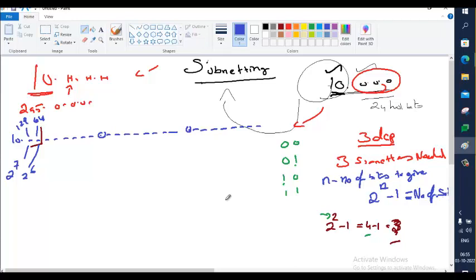You know it already. Class A, the first octet is network. Class B, the first 2 octets are network. Class C, the first 3 octets are network. And the remaining octets are host.